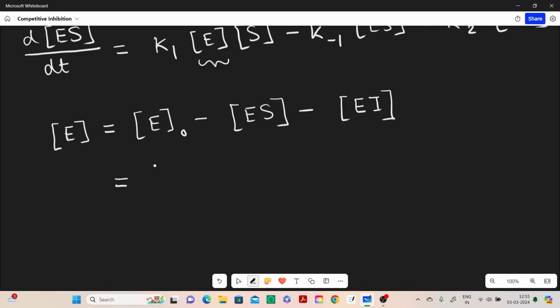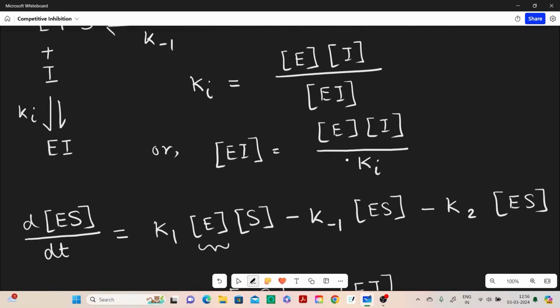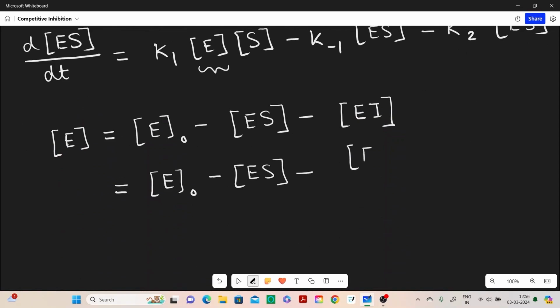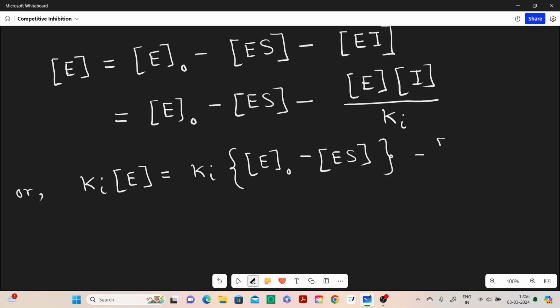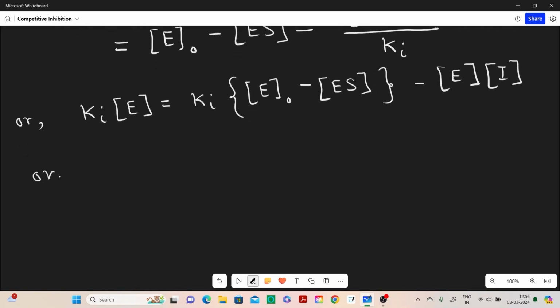Okay, so we can write this down again as follows: E naught minus ES minus, so here we will put down this thing as I mentioned, the amount of free enzyme multiplied by the amount of inhibitor divided by the rate constant of inhibition, or we can write it down as Ki into E is equal to Ki into E naught minus ES minus E into I.